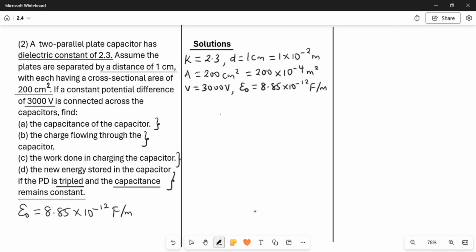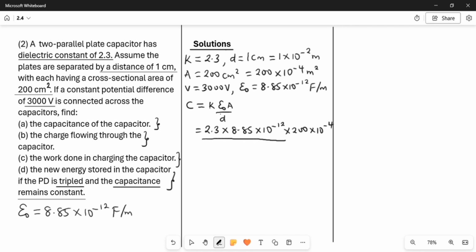So with this, we can recall our formula for capacitors with dielectric, so that the capacitance will be expressed as K epsilon naught A over D, which is 2.3 times 8.85 times 10 to the power negative 12 times 200 times 10 to the power negative 4.